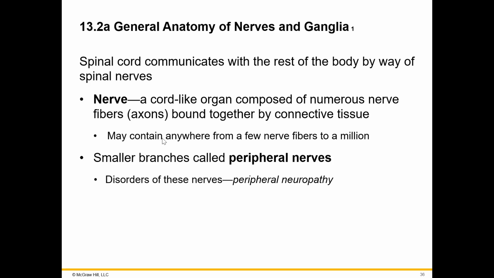They may contain anywhere from a few nerve fibers to a million. There are smaller branches called peripheral nerves. So we know that nerves are a collection of nerve axons. Disorders of these nerves are called peripheral neuropathy.